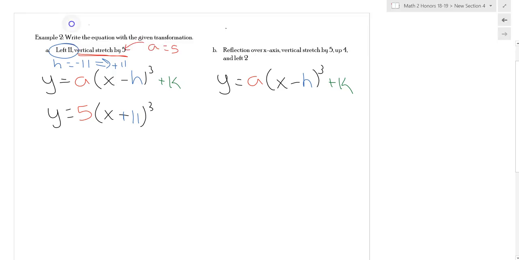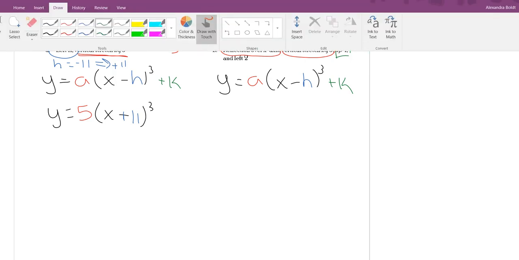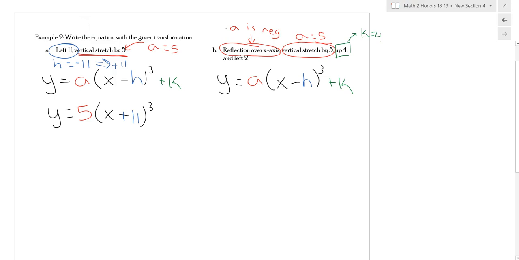Reflection over x-axis. a is negative, that's what that tells me. Vertical stretch by 5, a equals 5, then we also have to add the negative, so that's going to be part of it. Up 4. k equals 4. We don't change the sign, it's up, so it's positive. Left 2. h is negative 2, we change the sign to plus 2.